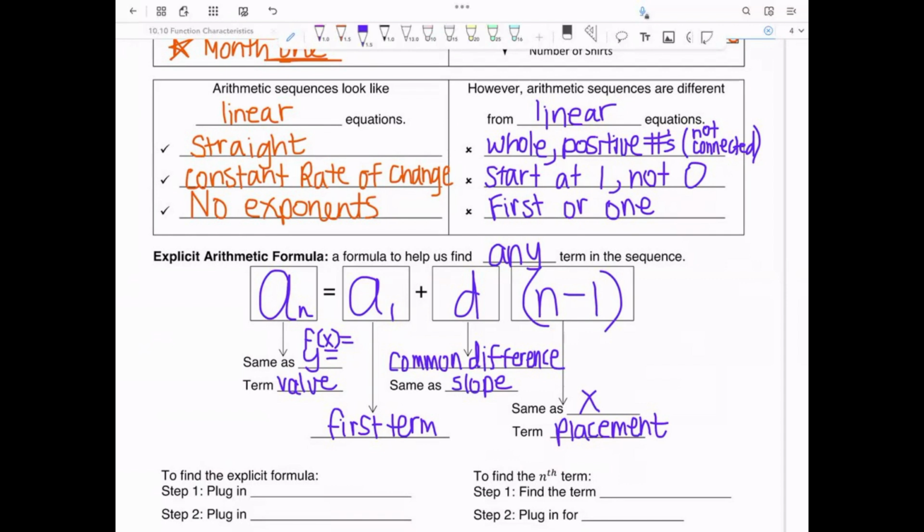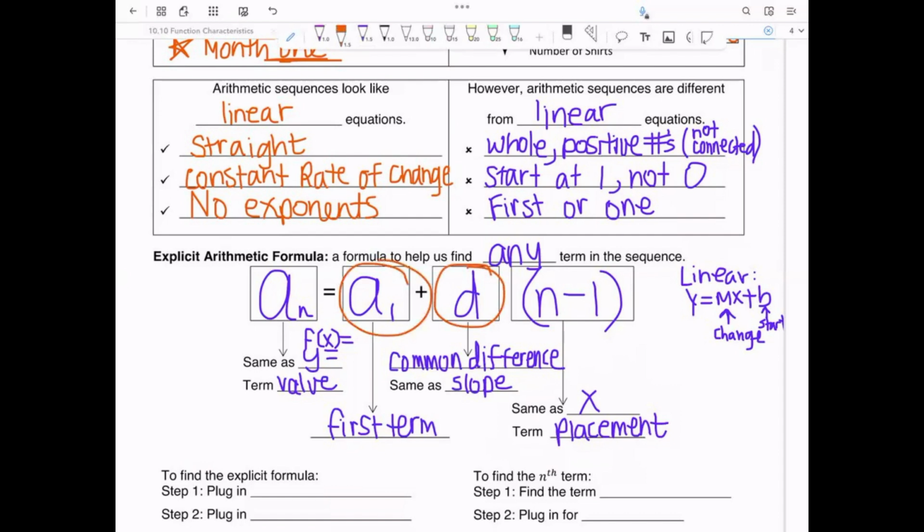All right, so remember that for a linear equation, our formula is y equals mx plus b. So we have our change, and we have our starting amount. Here we have our change and we have our starting amount.